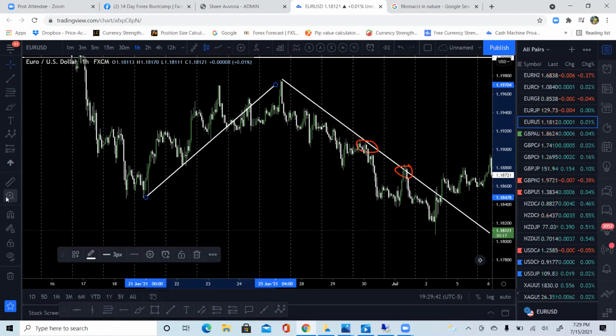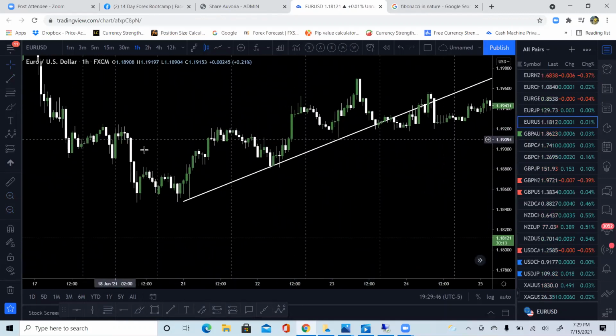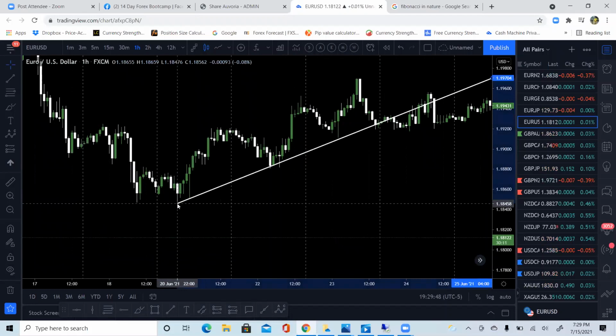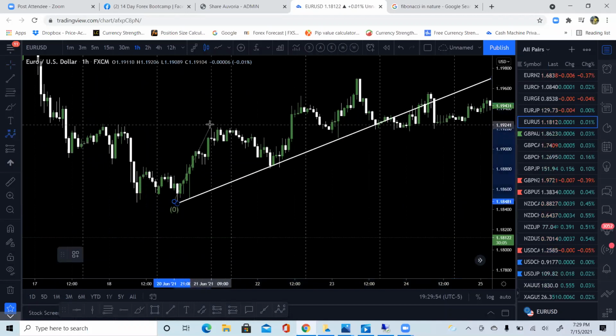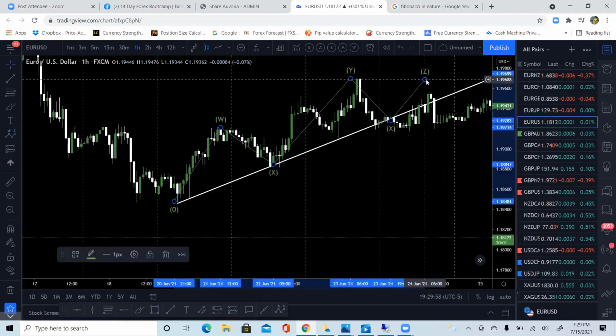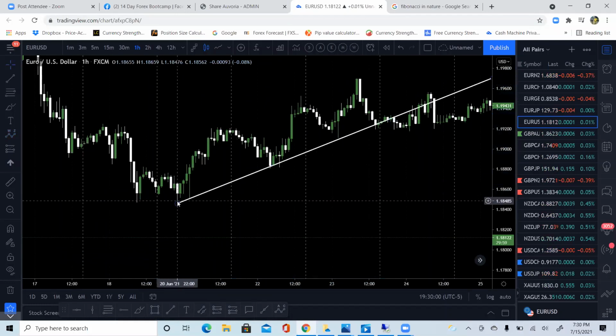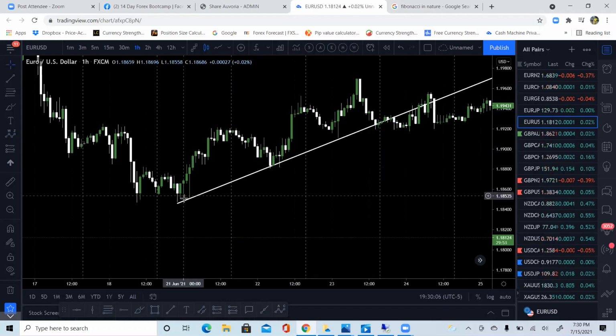Let's zoom in. You see how I have a low point here, you're just measuring the swing point. Like we talked about, swings, movements in the markets. So you're just measuring those points. If you had a movement from here and it came back down to create a retracement, then that would be a good area to start a trend line.